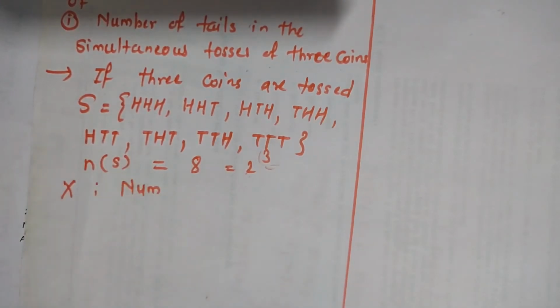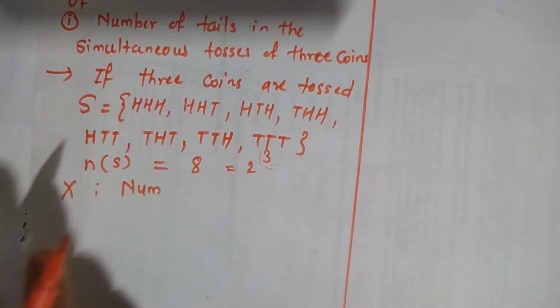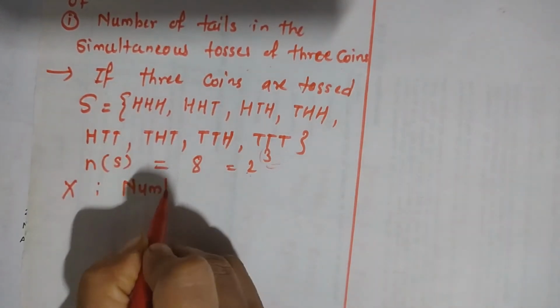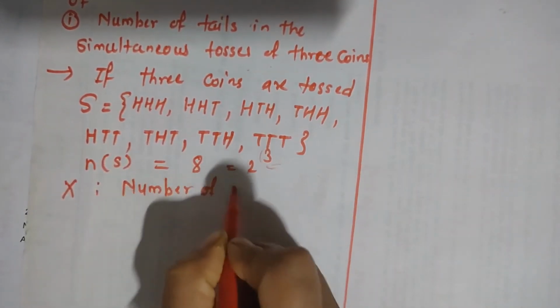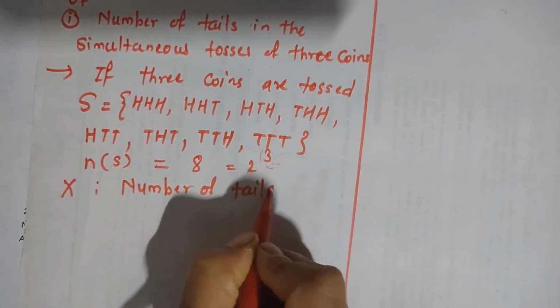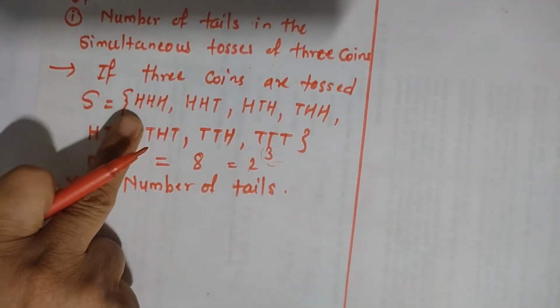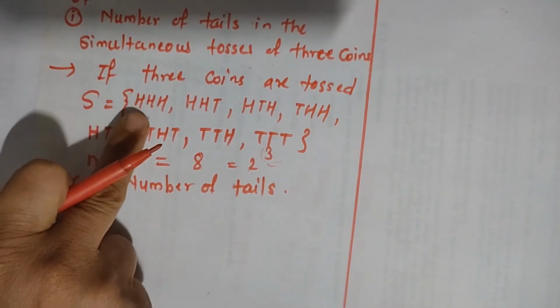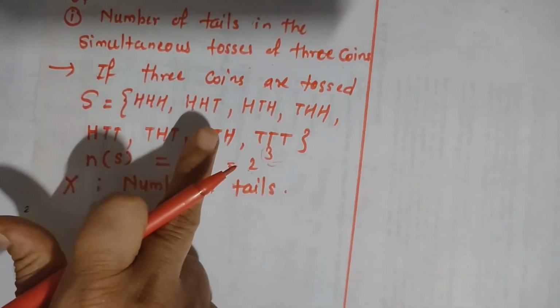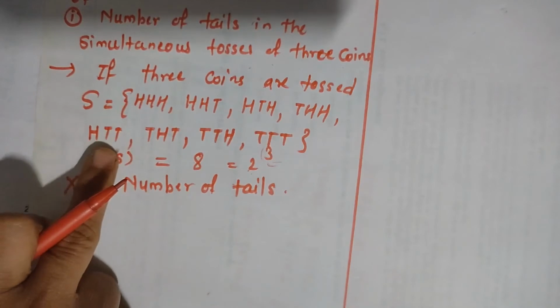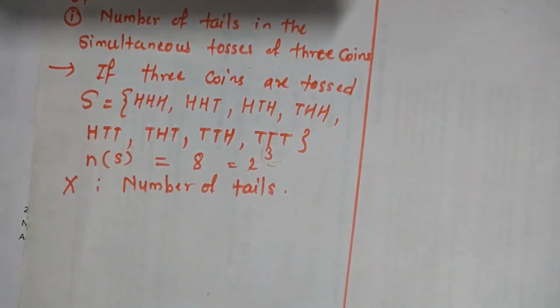for this random experiment. So write down the random variable X as the number of tails. Here the possibilities for the number of tails are 0, there is no tail, 1, 2 and 3. So the possible values of X are 0, 1, 2 and 3.